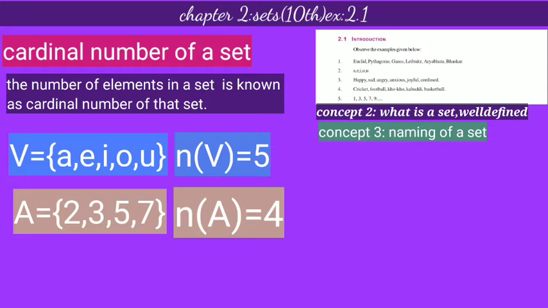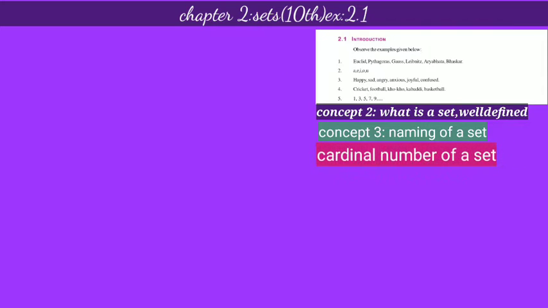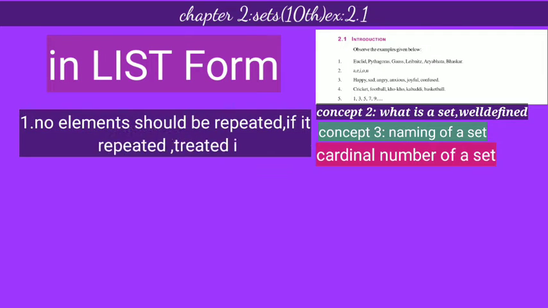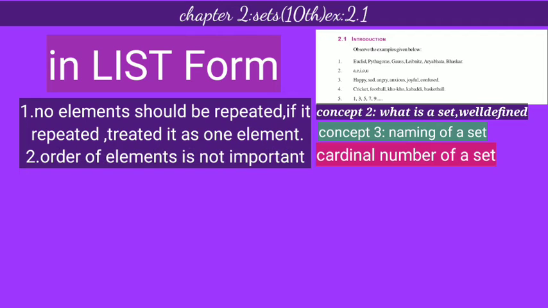Okay. Here we have to observe one thing keenly: while listing the elements of a particular set, if an element is repeated more than one time, we have to treat it as one element. Suppose I take my set A as {1, 2, 3, 4, 3, 2}.